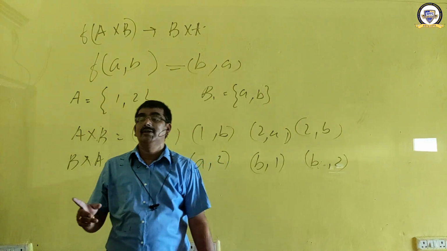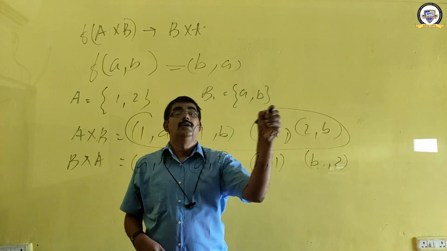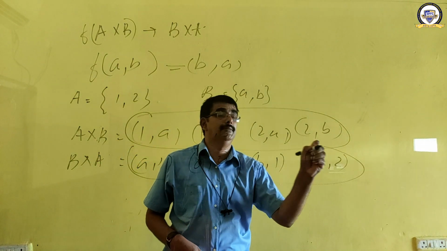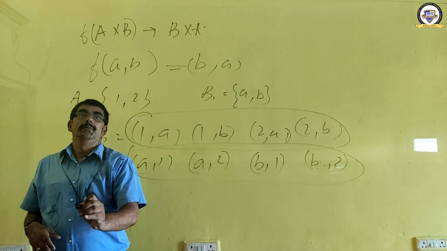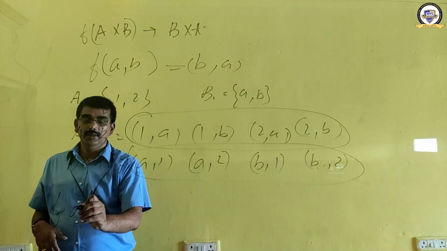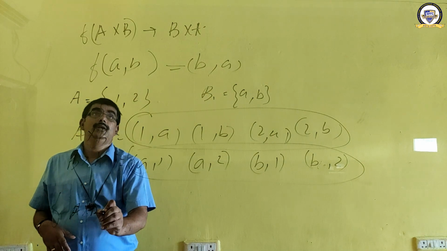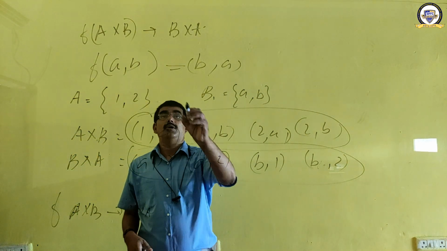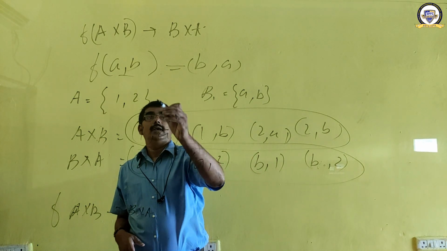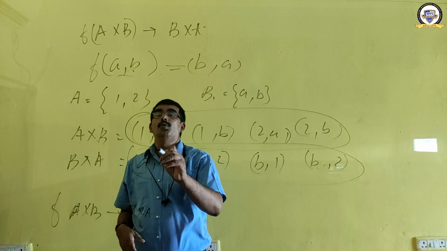In this way, you will get the B cross A. Let us consider these are the two diagrams like this. Now you are going to do the function A cross B to B cross A. What is that function? According to this definition, (a, b) goes to (b, a).